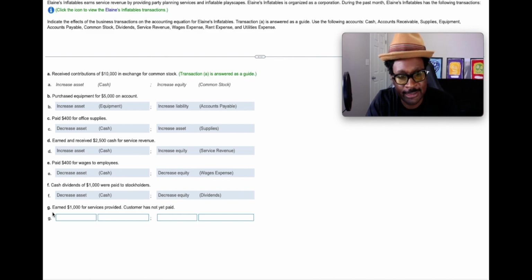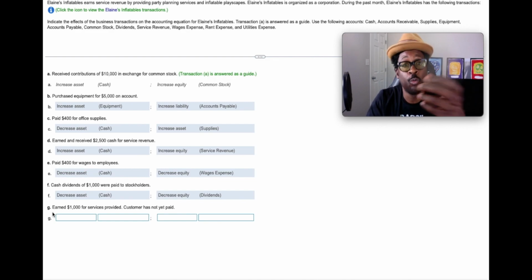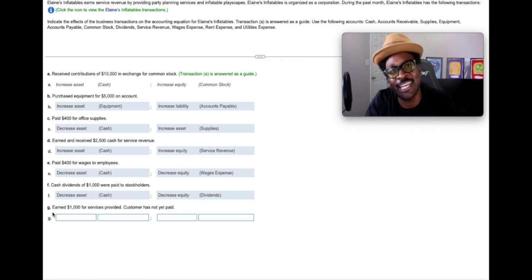Now, it tells us that the customer has not yet paid. So the fact that this revenue is earned, but the customer hasn't paid for the revenue that they receive, means that we, the company, are expected to collect cash in the future. And so anytime we're expected to collect, i.e. receive cash in the future, we must establish an asset account called accounts receivable.